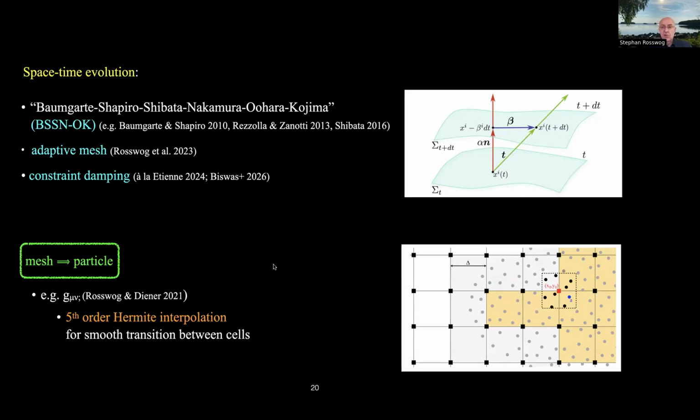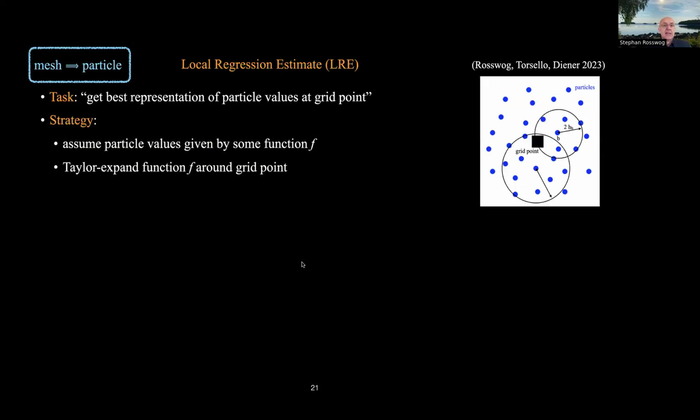So we have to see how we map the metric to the particle positions. This is done by a fifth order Hermite interpolation. The reason is that then we have continuous second derivatives, and that means if a particle crosses from one cell to another, there is no little glitch or anything.